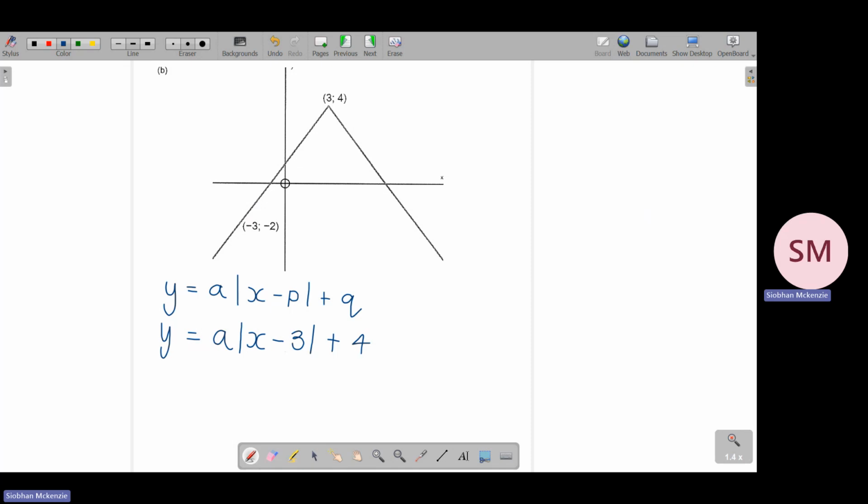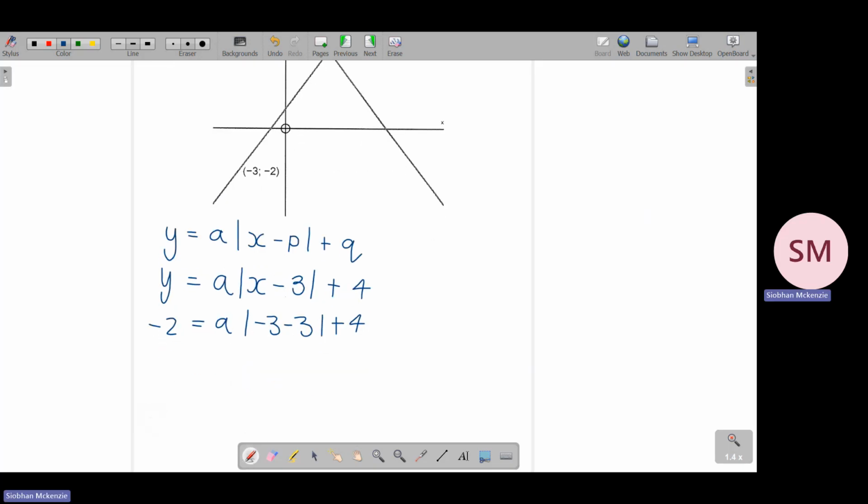Okay, now to find A, we need to sub in another point that we have on the graph. Do you agree we've been given this point (-3, -2)? Okay, so I'm going to replace y with -2 and x with -3. And when you solve this, when I take the +4 over, do you agree I get -6 equals A times the absolute value of -6? What is the absolute value of -6? 6.